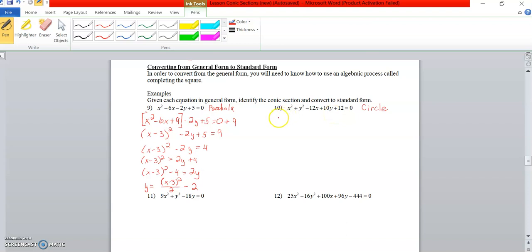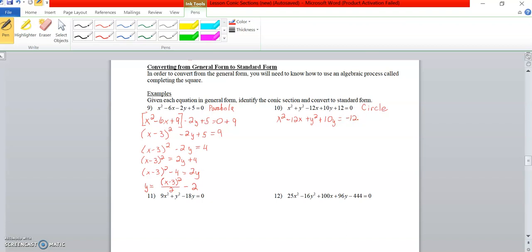So grouping them together, we get x squared minus 12x, and then plus y squared, 10y. And there's where I'm moving that 12 to the right. I'm subtracting it from both sides.